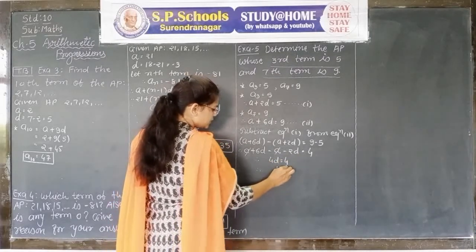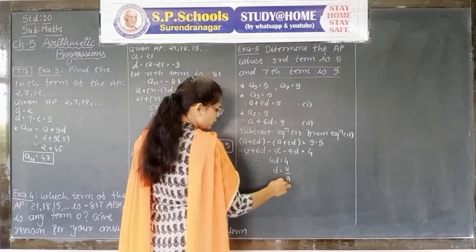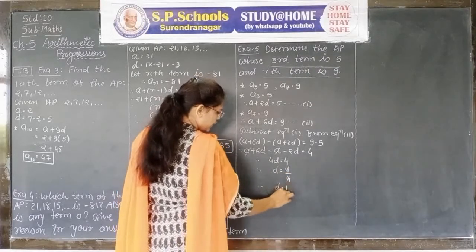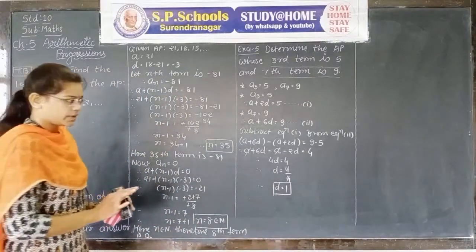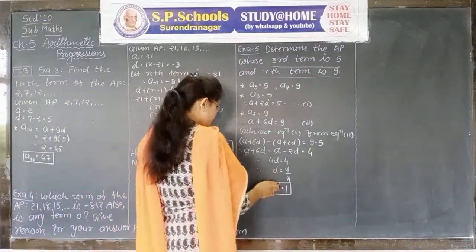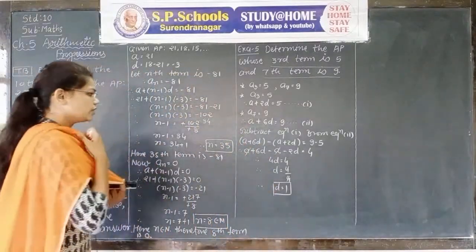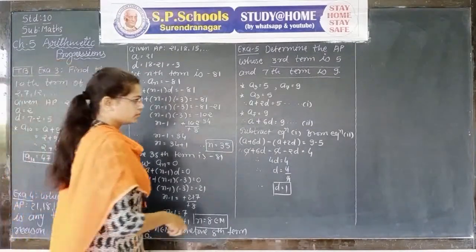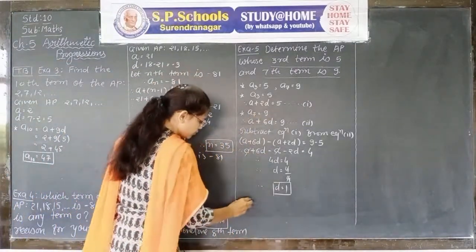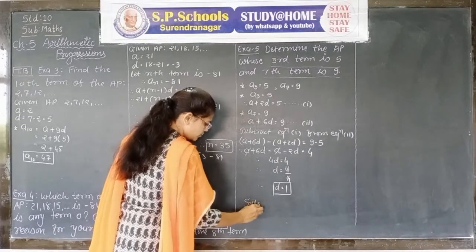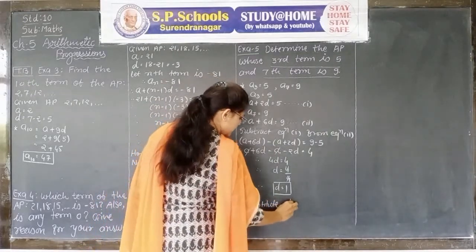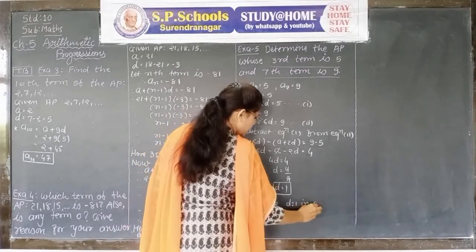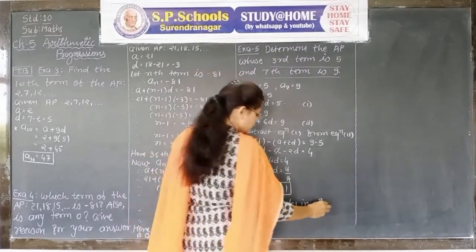That's why d is equal to 4 upon 4, cancel, and we get the value of d is equal to 1. Here the d is obtained. Now we substitute the value of d in either equation 1 or equation number 2. We substitute it in equation 1. Substitute d is equal to 1 in equation number 1.